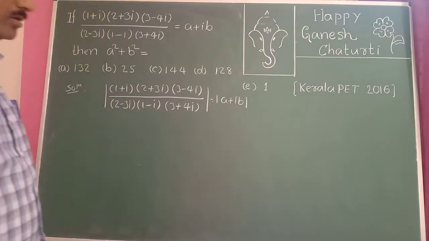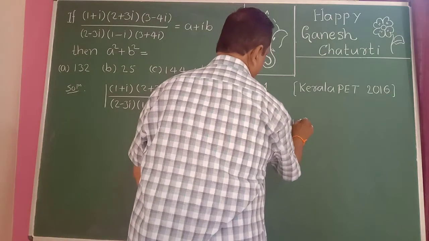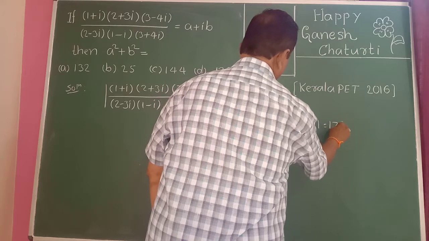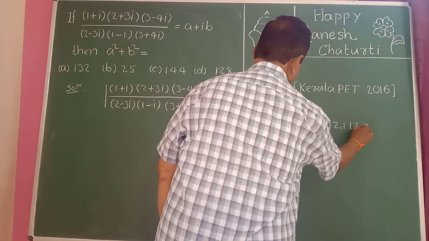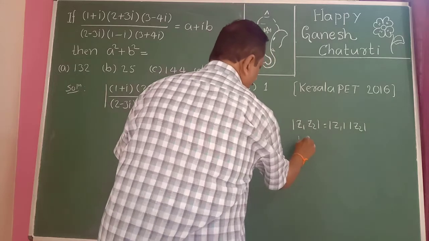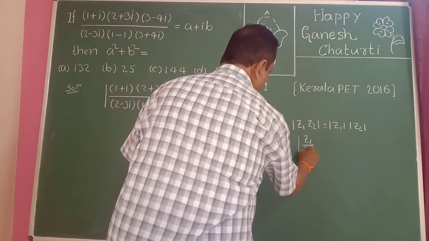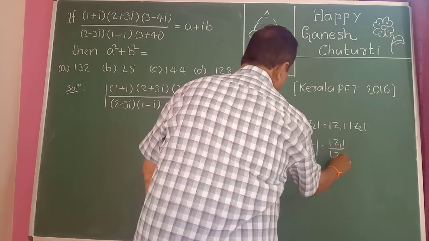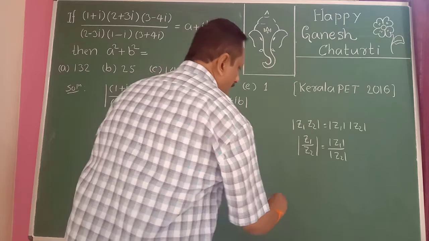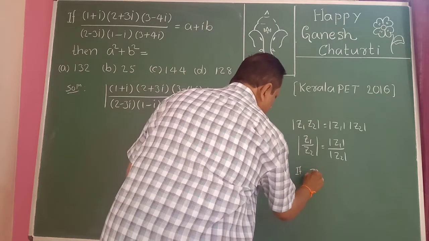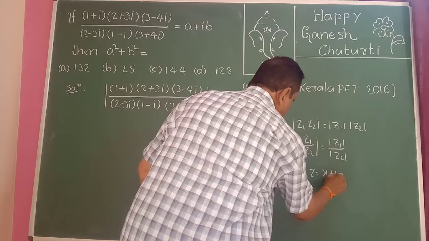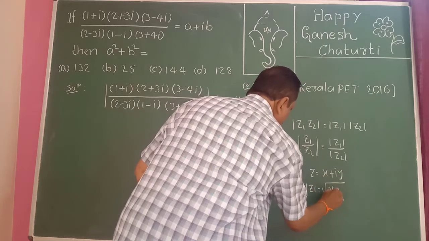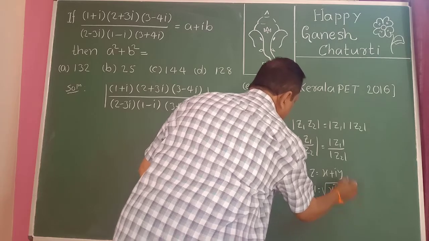You know the properties here. Modulus of z1 into z2 is equal to modulus of z1 into modulus of z2. Modulus of z1 divided by z2 is equal to modulus of z1 divided by modulus of z2. And also you know that if z is equal to x plus i into y, then modulus of z is root of x square plus y square.